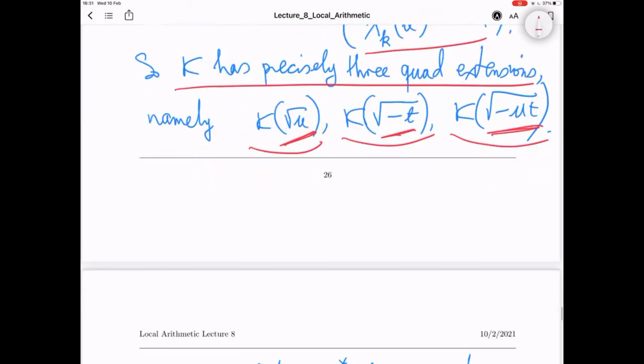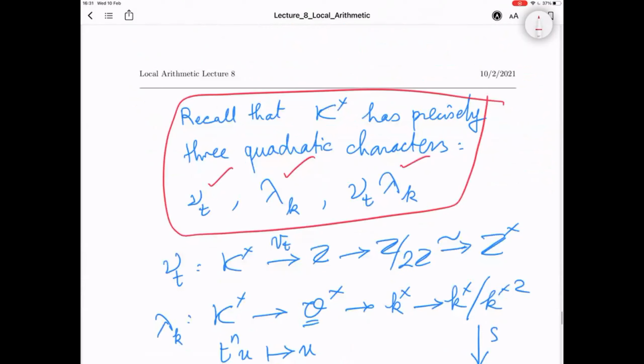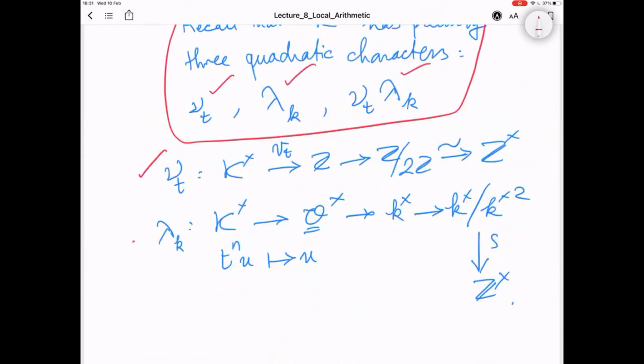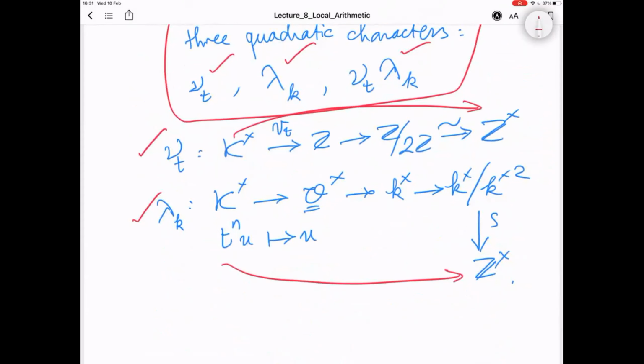And we have also seen that this K star has precisely 3 quadratic characters, nu T, lambda K, and nu T times lambda K. So this is just the definition of nu T. This is the definition of lambda K, as this nu T was this composite, lambda K was this composite.